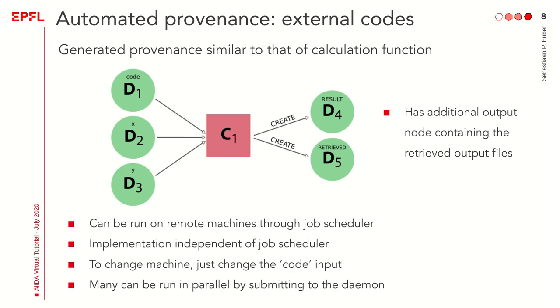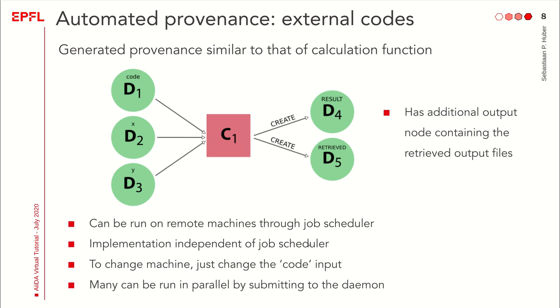There are quite a lot of advantages. In addition to the fact that it allows you to run external codes and not just Python code, these calculation jobs can also be run on remote machines through job schedulers. AiiDA comes with built-in support for most of the well-known schedulers like Torque, Slurm, PBS, SGE, LSF, etc. An additional nice thing is that the implementation is independent of the job scheduler.